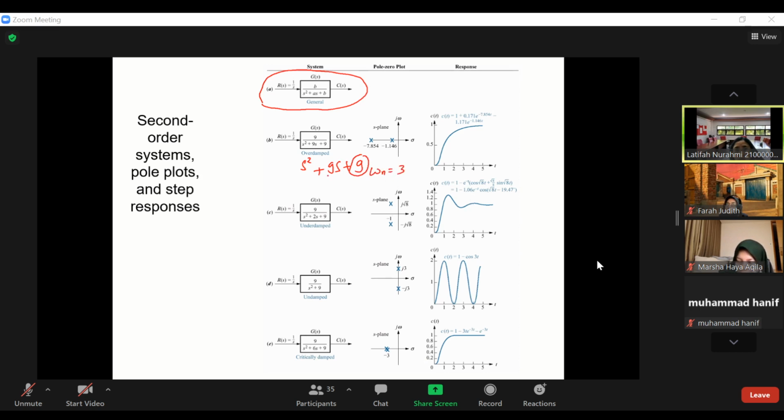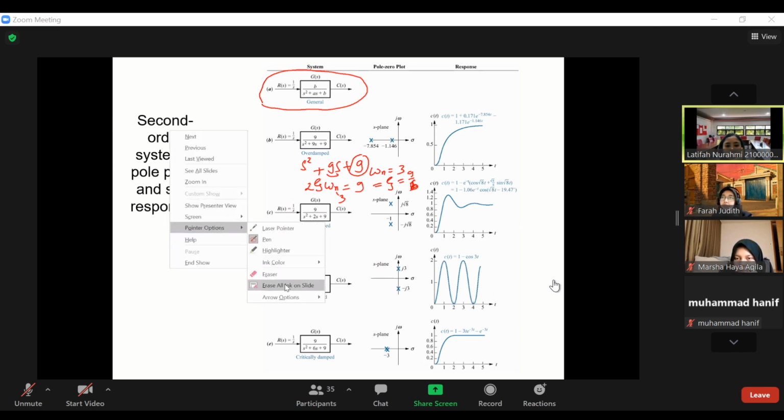Then 2 zeta omega n is equal to 9. Put omega n as 3, so zeta is equal to 9 by 6. 9 by 6 is 1 point something. It is more than 1. This is how you find it.